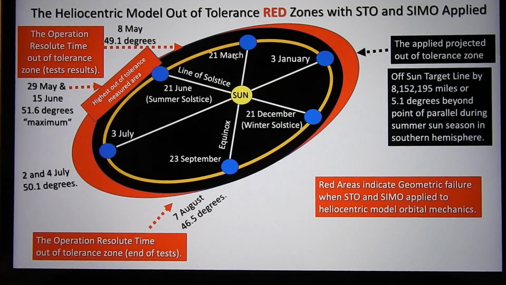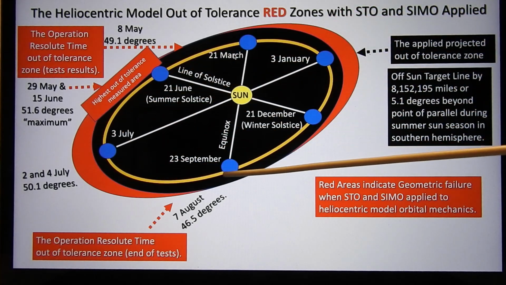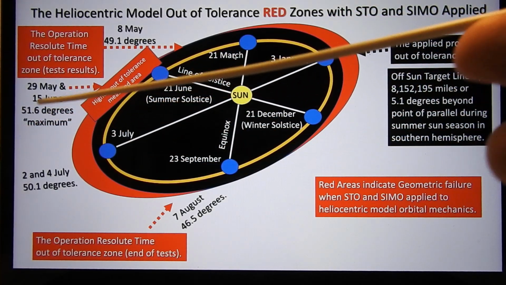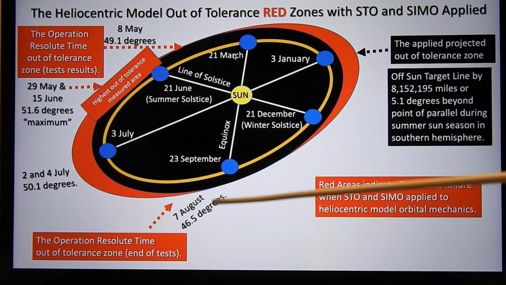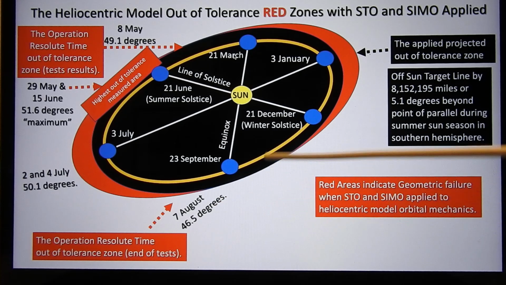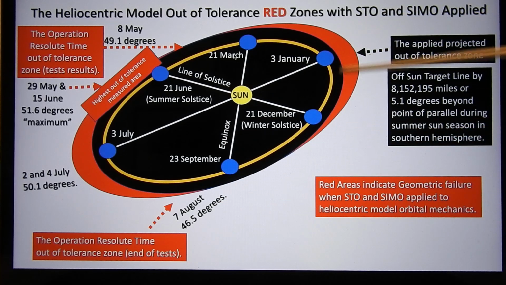Again, just identified by the red areas. And when we talk about orbital mechanical failures, the Sun over 51 degrees, 50 degrees here, and then as we get into August, 46.5 degrees. Again, huge problems. There may be other projected orbital mechanic failures in the south, something that hasn't been tested yet. But even if it did pass in the south, it's a major failure up in the northern hemisphere on this side here in the elliptic. And again, just a complete failure for the globe model.